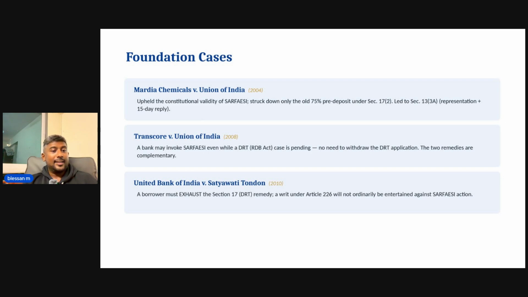There is no bar on one particular process. The banks can choose whichever suits them. So both SARFAESI and DRT are complementary to each other, and SARFAESI can go on when a DRT original application is pending.